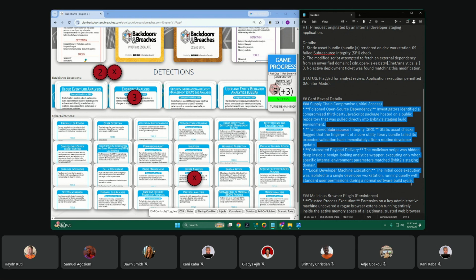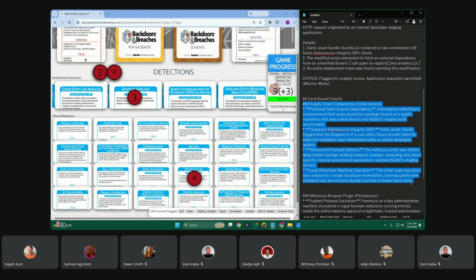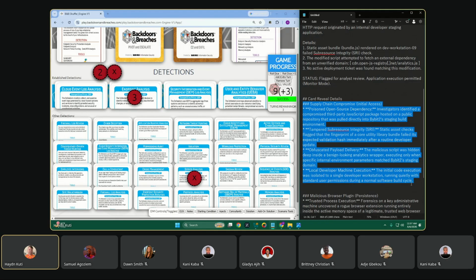The malicious script was hidden deep inside a benign-looking analytics wrapper, executing only when specific internal environment parameters matched Bybit2's staging domain. The initial code execution was isolated to a single developer workstation, running quietly with standard user permissions during normal software build cycle.